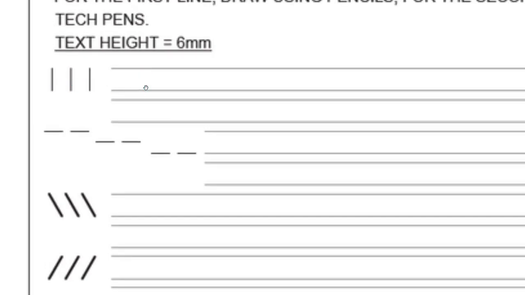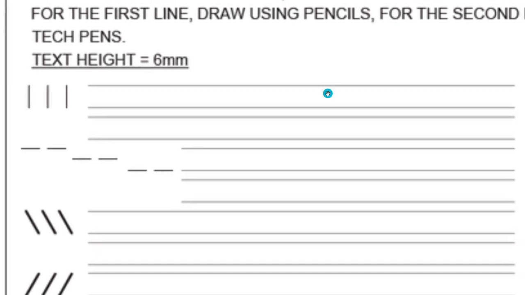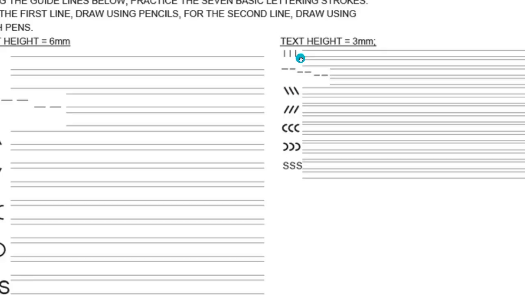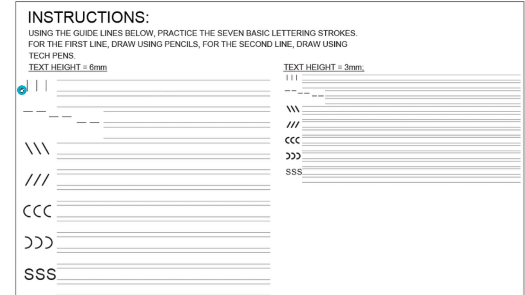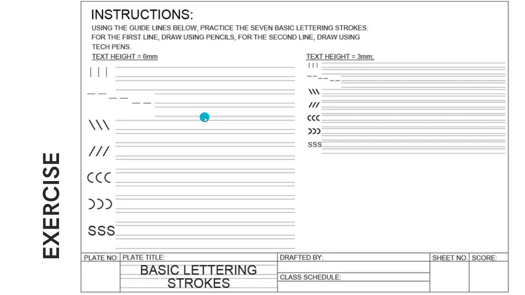I can tell clearly whether you used a ruler or not. It's obvious. So again, the spacing should be the same, and make sure of the tech pens to use. Okay? So this is your first plate, right? And again, use A4 paper, not short bond paper. The size will be disrupted if you use short bond paper.